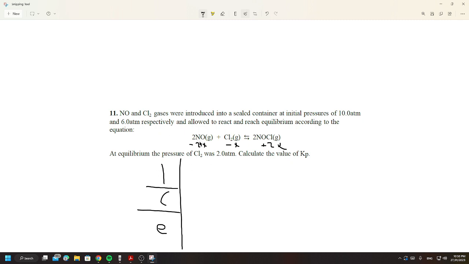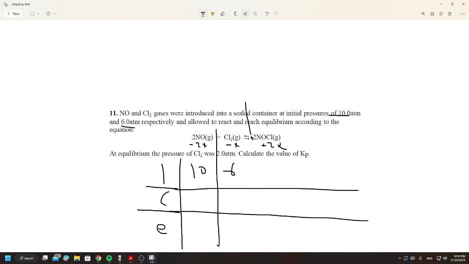NO initially was 10, Cl2 initially was 6, and NOCl we don't know. The change was minus 2x, minus x, plus 2x, so at equilibrium 10 minus 2x, 6 minus x, and 2x.